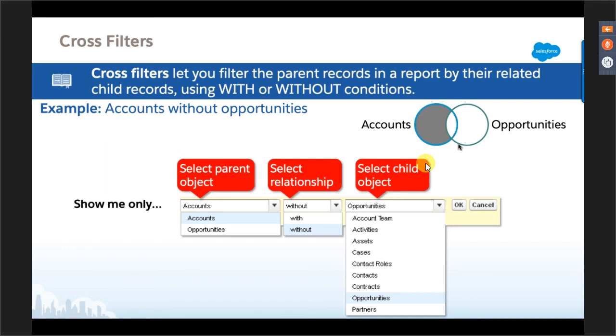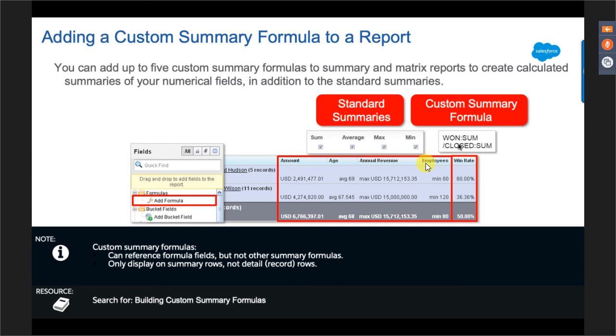So in this example, the sub-filters would allow you to go into the opportunities object and use its fields to sub-filter another set of data out. Very powerful use of cross filters. You could use three cross filters in any given report, and they are very powerful moving forward.